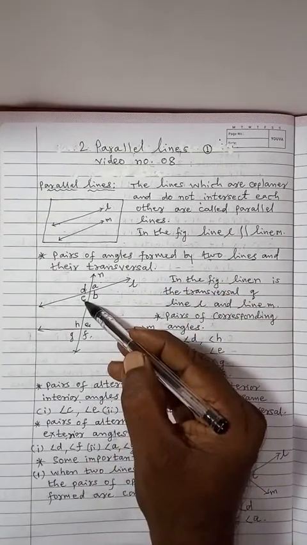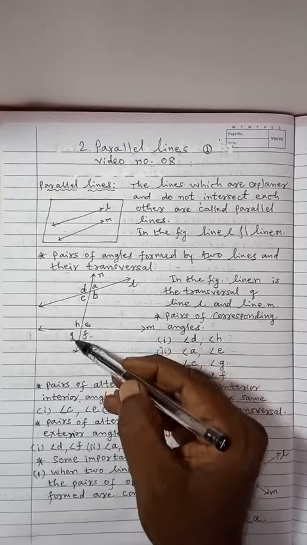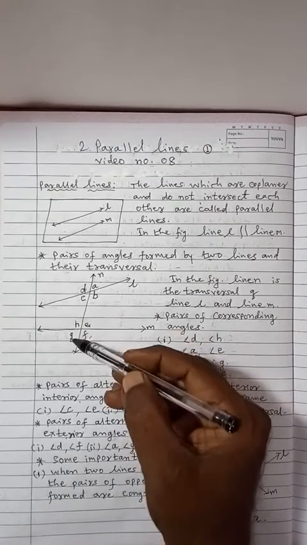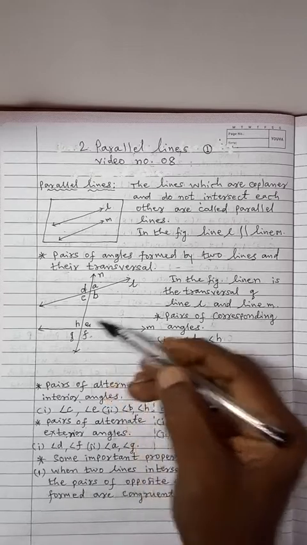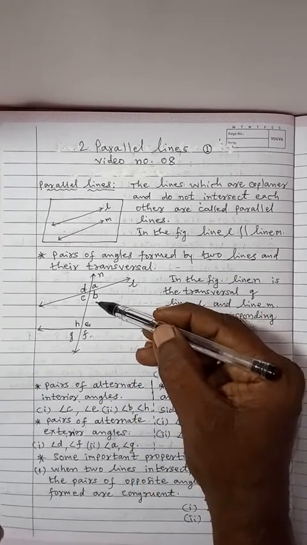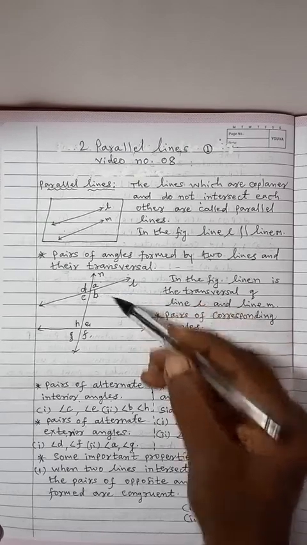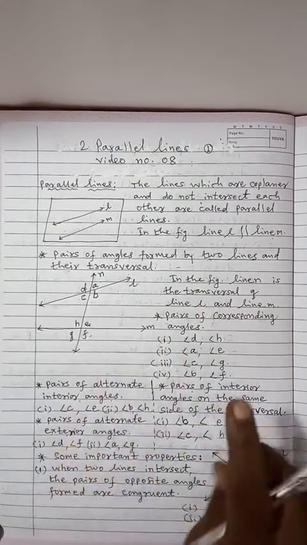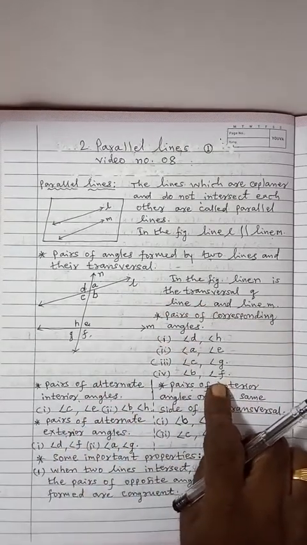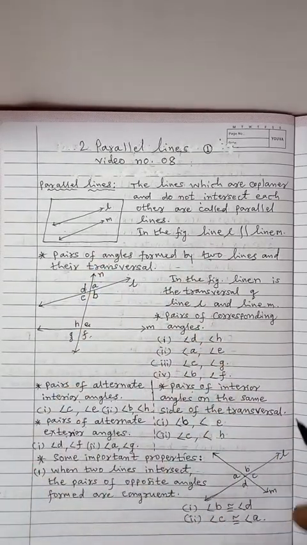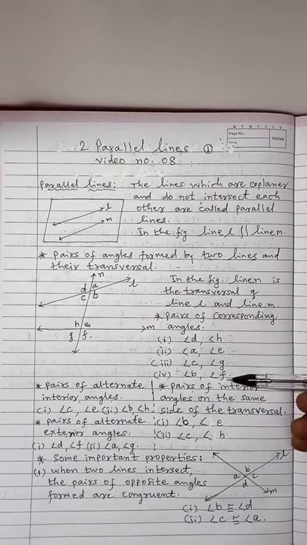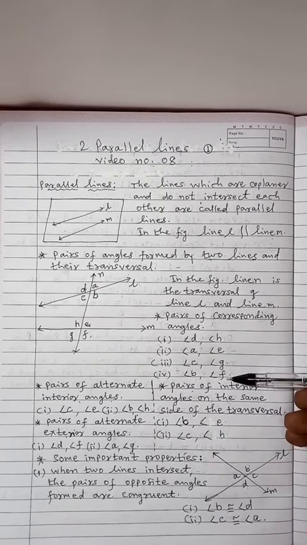Then angle C and G, below the lines. This is the third pair. And the fourth pair is angle B and angle F. So if a transversal intersects two lines, then we get four pairs of corresponding angles.